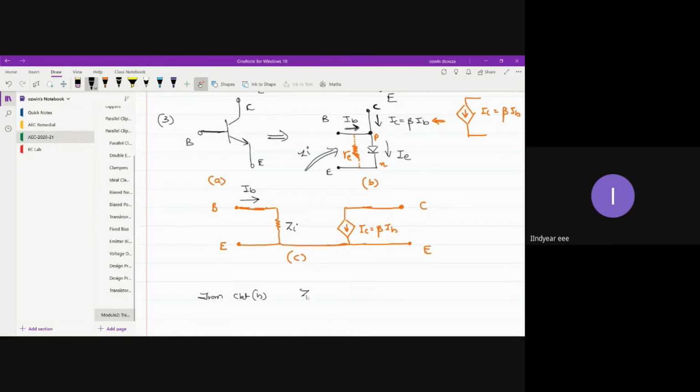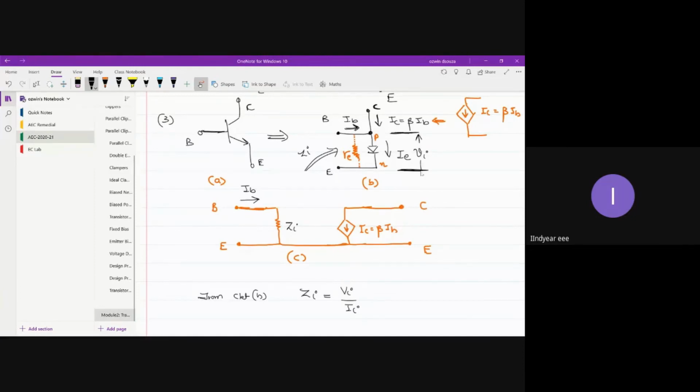Okay, so let me write here. From circuit B, input impedance ZI can be found as VI by II. Okay, so what is VI? VI is nothing but the voltage measured across the input terminal.